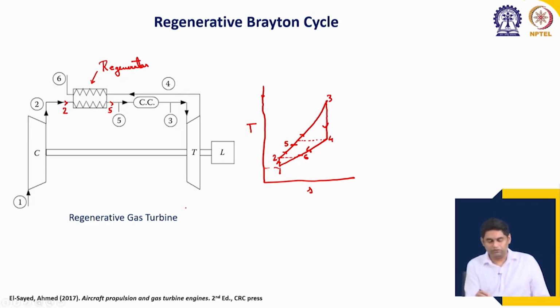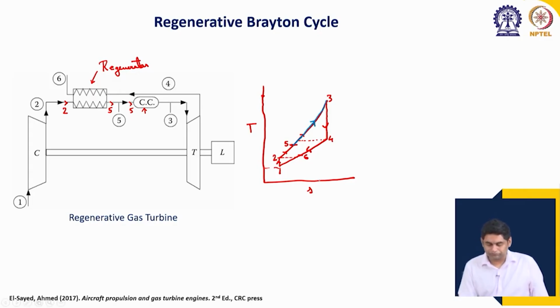I am just drawing to show you the directions, and then this air at state 5 goes to the combustion chamber, and comes out at state 3. So, the heat addition in this cycle is going from 5 to 3.